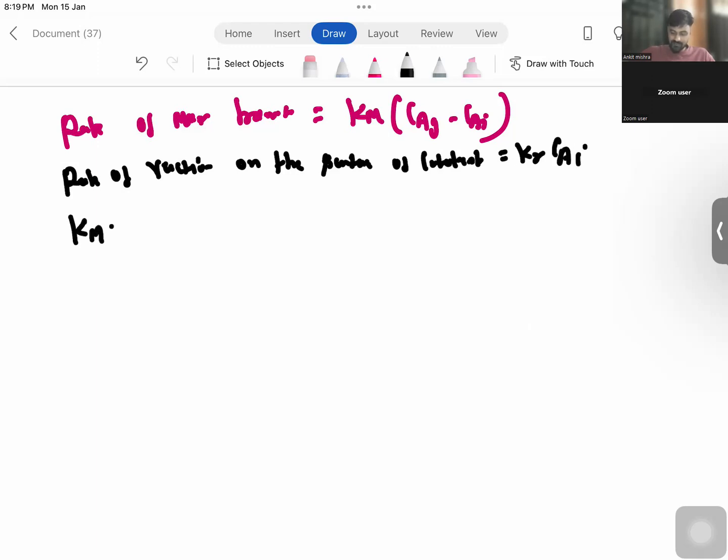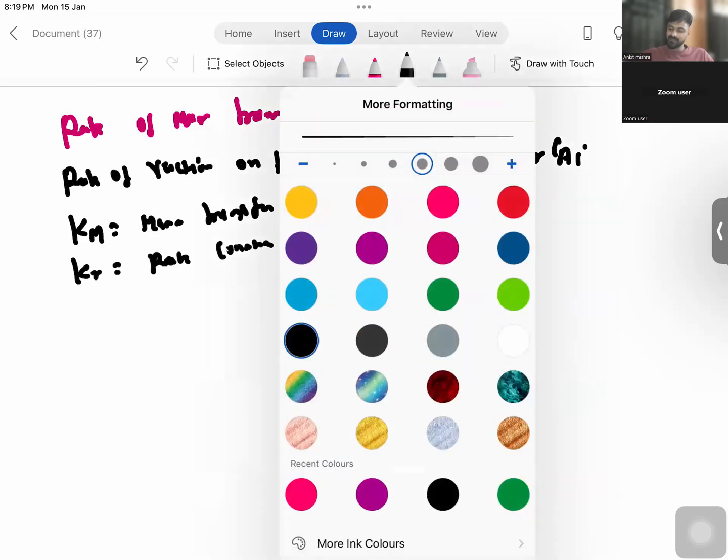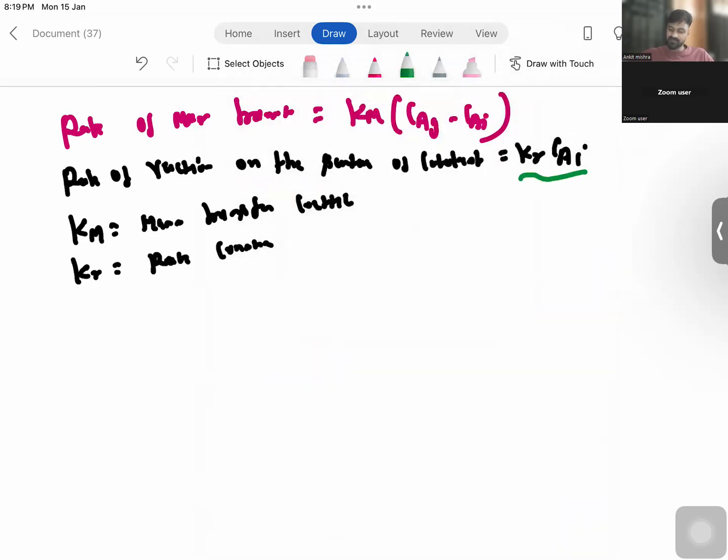So your Km is your mass transfer coefficient, and obviously Kr is your rate constant. And I'm assuming the rate of reaction which is happening at the surface of the catalyst is first order, right? For the simplification of the mathematics over here.